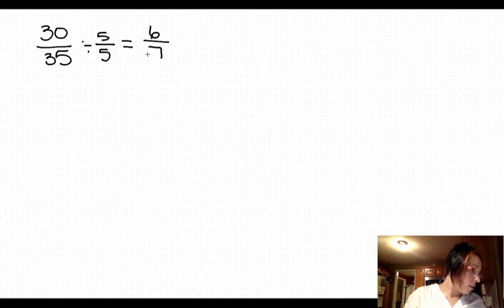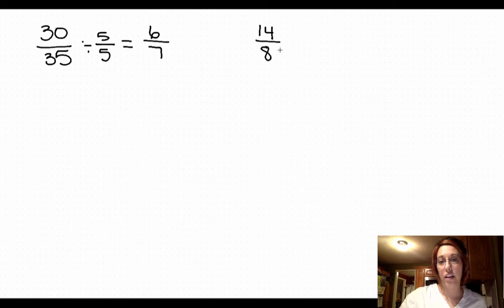So let's look at 14/80, and let's see how we can divide that. Now, sometimes the division isn't quite so easy. I know that 7 will go into 14, but I don't know if 7 will go into 80.